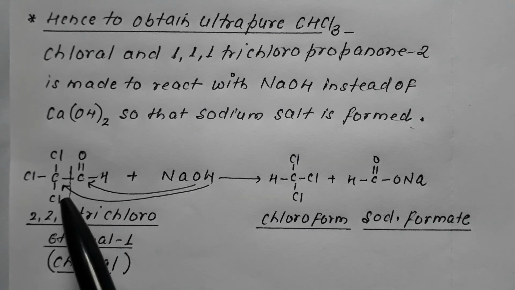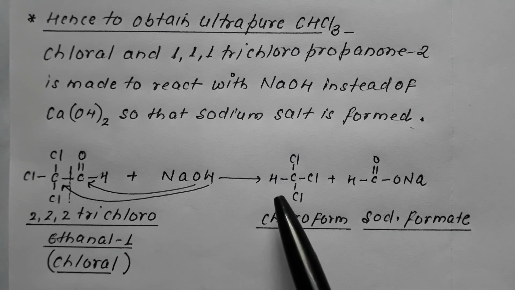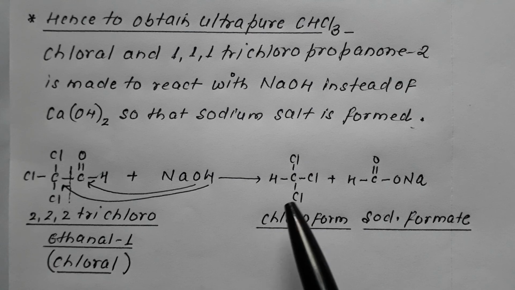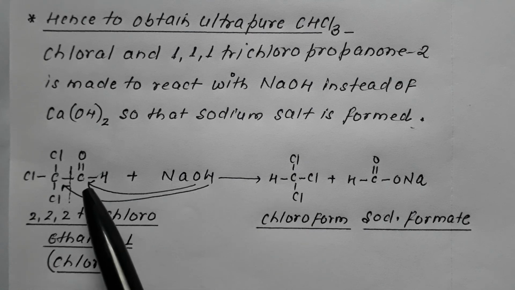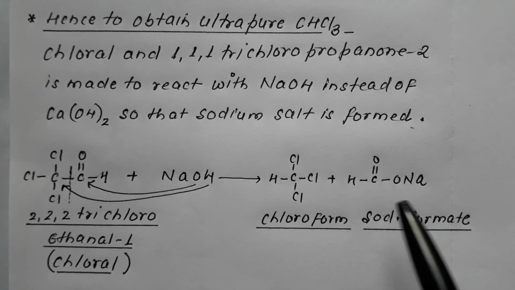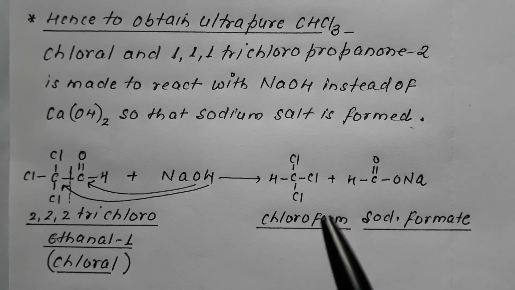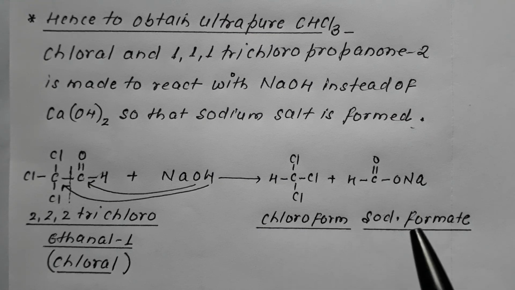This H comes over here, resulting in formation of CHCl3, and this ONa combines to form HC double bond O, ONa. That is, it is giving chloroform plus sodium formate.